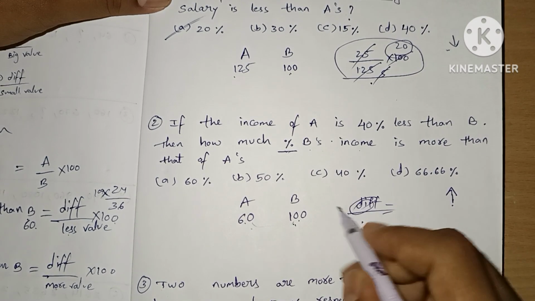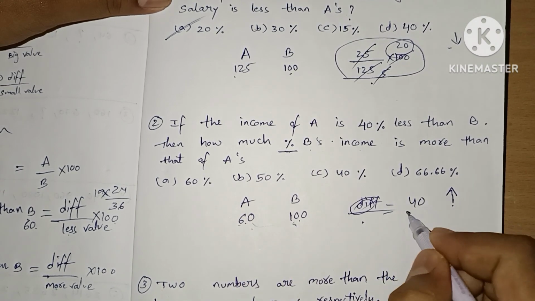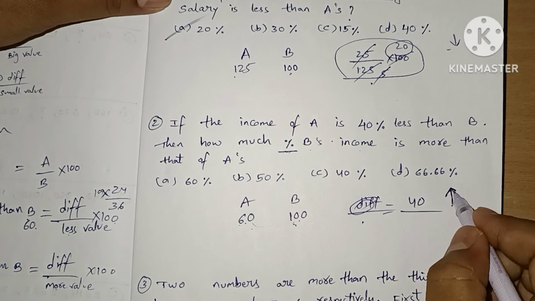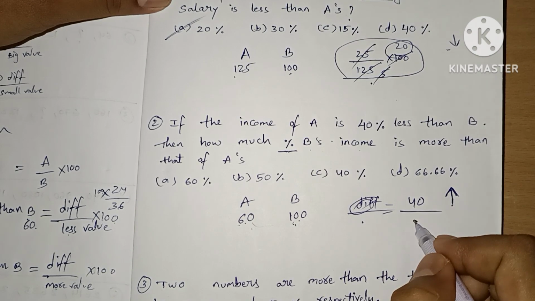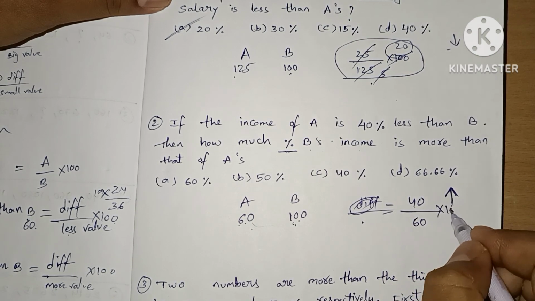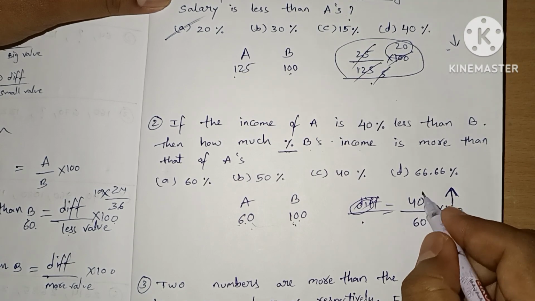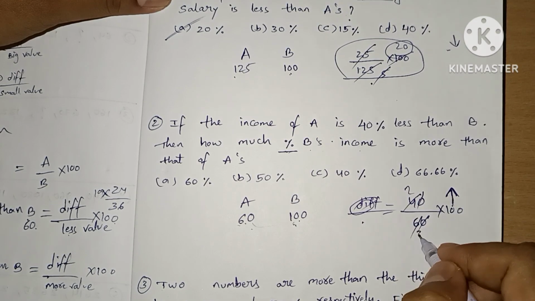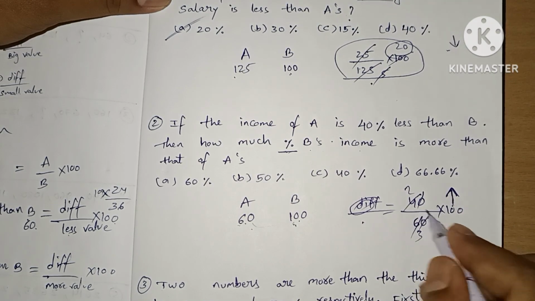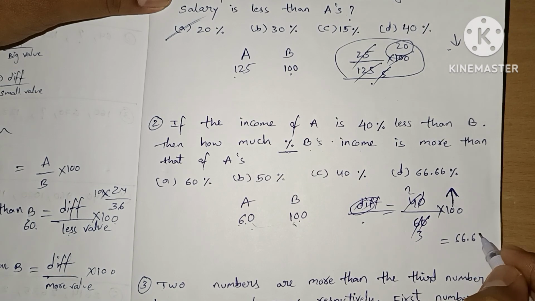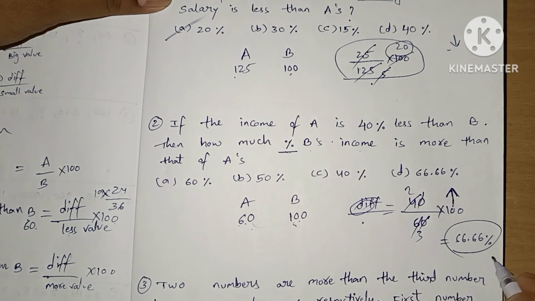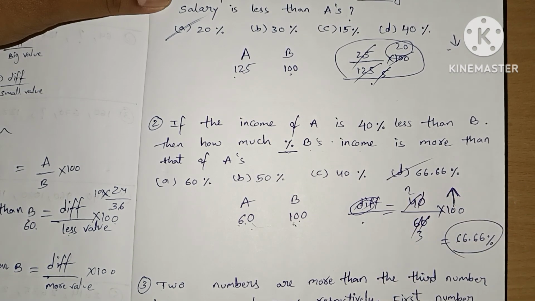The difference between these two is 40, and talking about more means we take the less value, which is 60, into 100. So 2 3 times, so we get 66.66 percent as our answer. Option D is our answer.